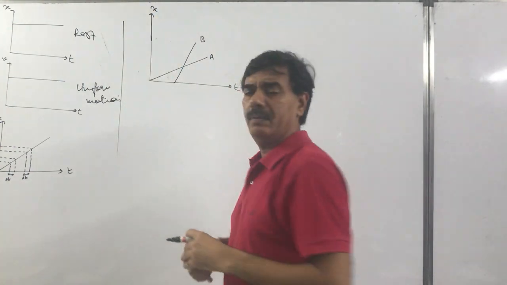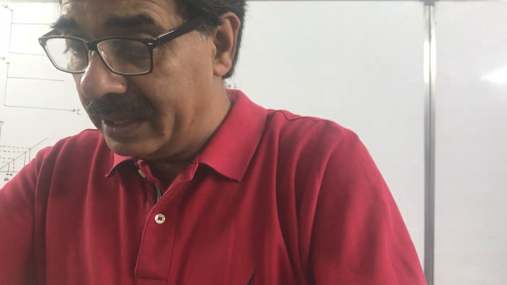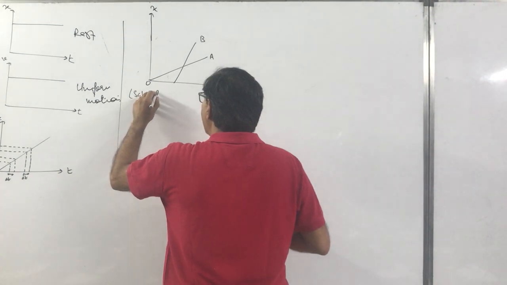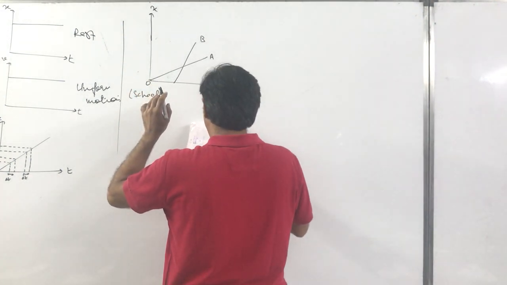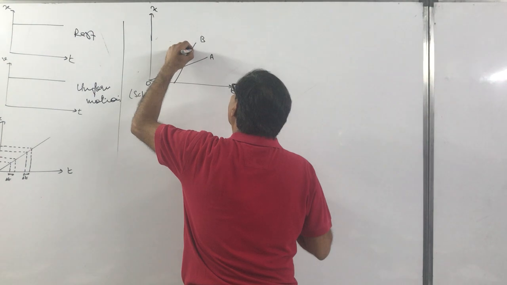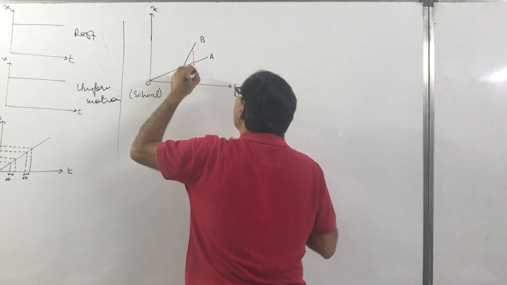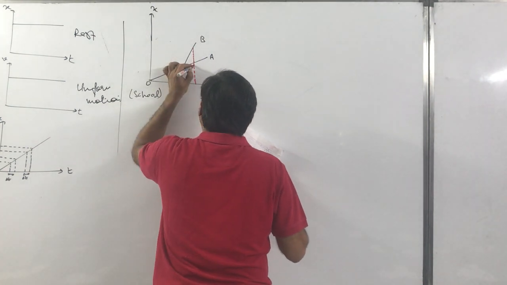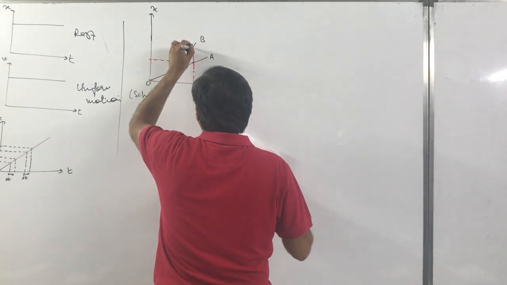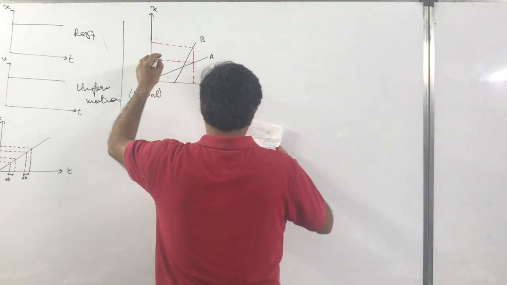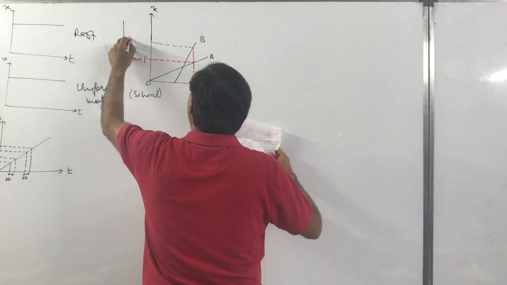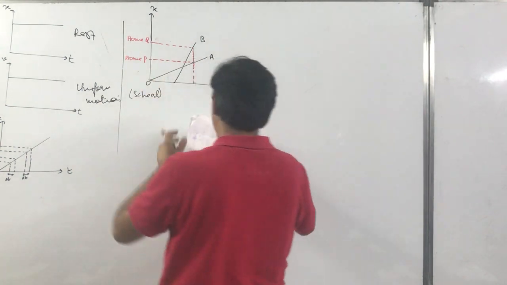The position time graph for two things is given, and this O is their school, and they have to go home, and you are given here, this is the home for P, and this is the home for Q. Right?